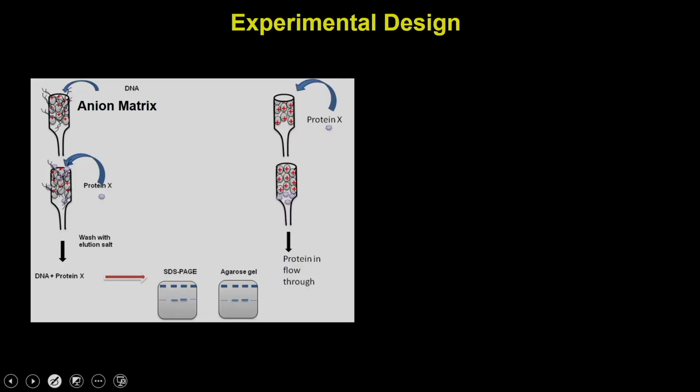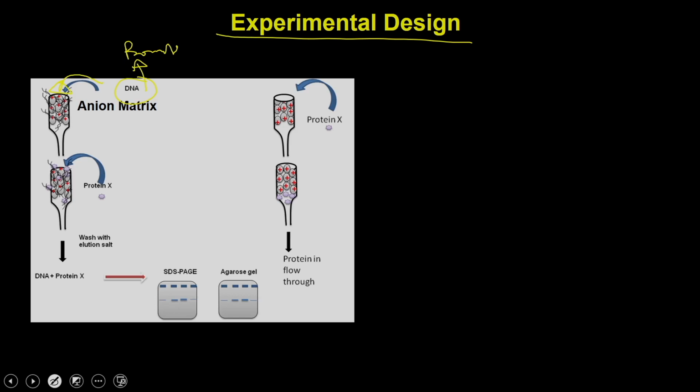Now if you want to do the same experiment, you can also use ion exchange chromatography, which we also discussed. In ion exchange chromatography, you take the promoter of this particular gene and first couple it to the anion matrix, and that anion matrix is going to bind the DNA.